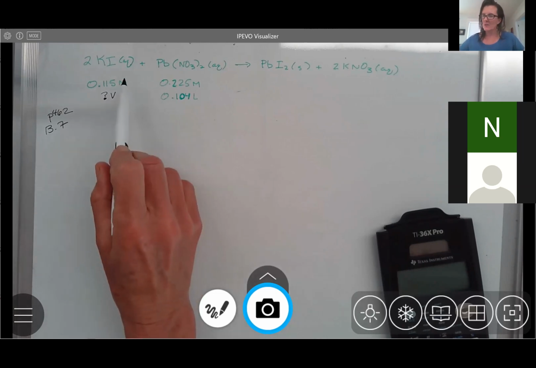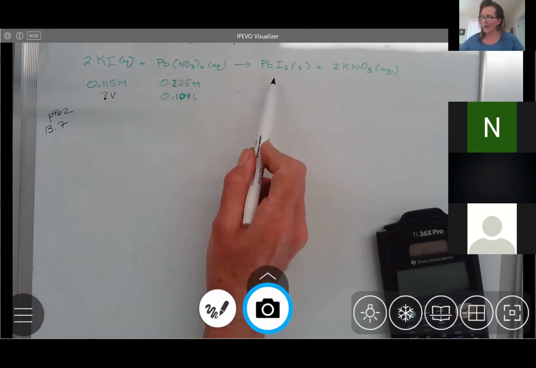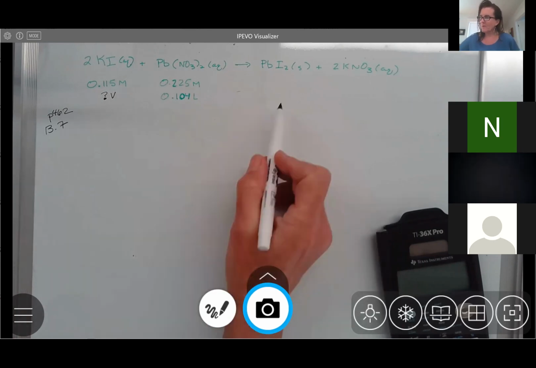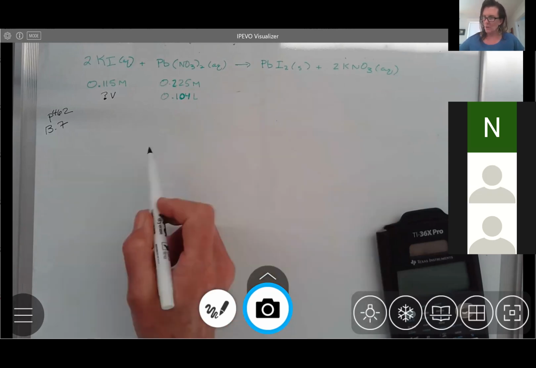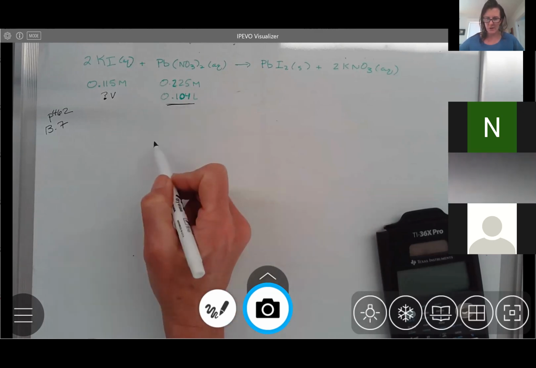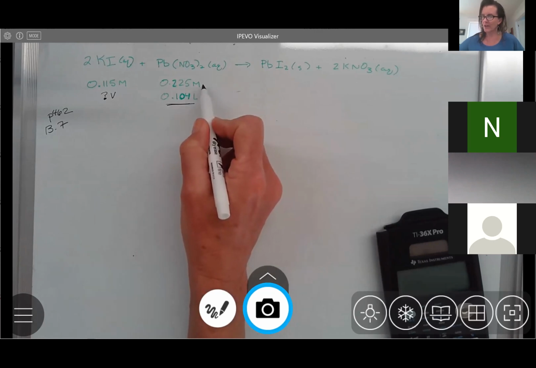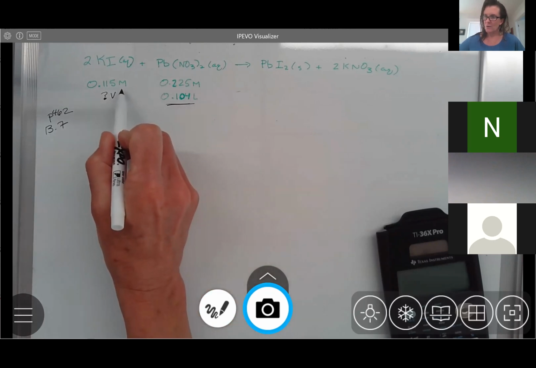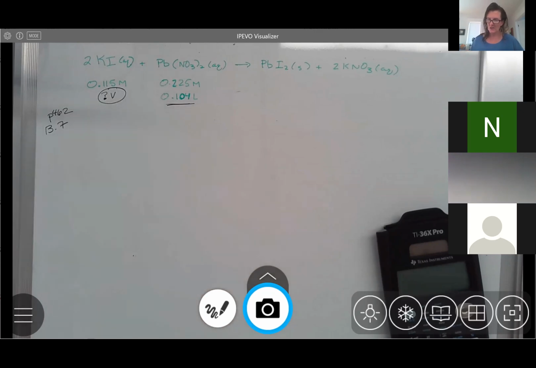Okay, so it's a reaction between potassium iodide and lead(II) nitrate. And a precipitate, lead iodide, is produced in solid form, and potassium nitrate. We are told that we have a volume of 0.104 liters of 0.225 molar lead nitrate, and if it's going to react with 0.115 molar potassium iodide, how much potassium iodide do we need to have this react completely?